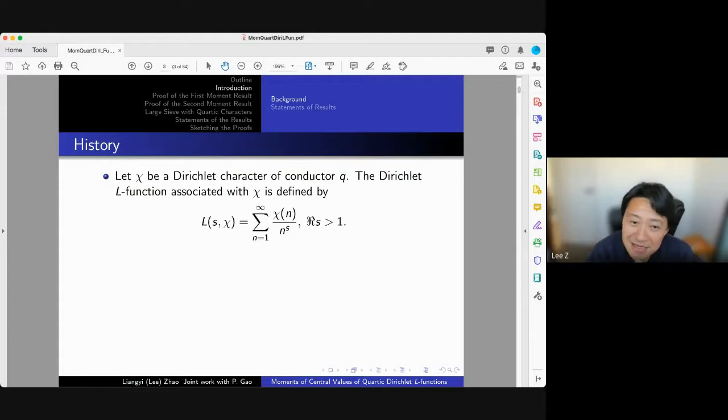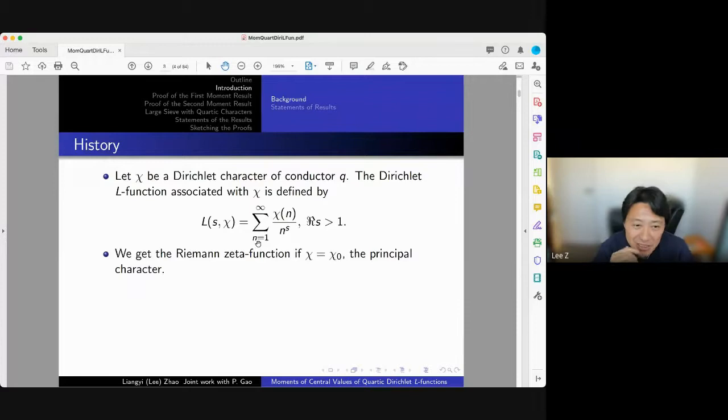All right, and the Dirichlet L-function that's associated with chi is defined here. So L(s, chi) equals the sum over n from 1 to infinity of chi(n) over n^s. s here is the variable, right? If we assume that the real part of s is strictly larger than 1, then that sum converges absolutely, and so I do have a well-defined function there.